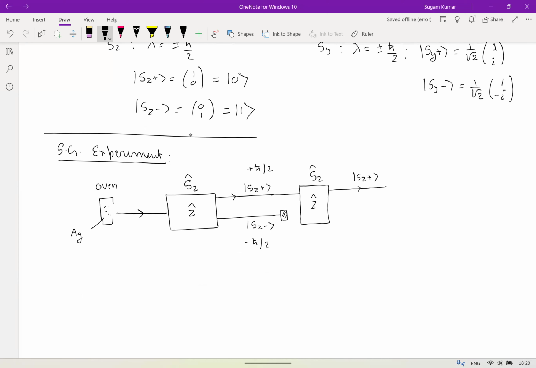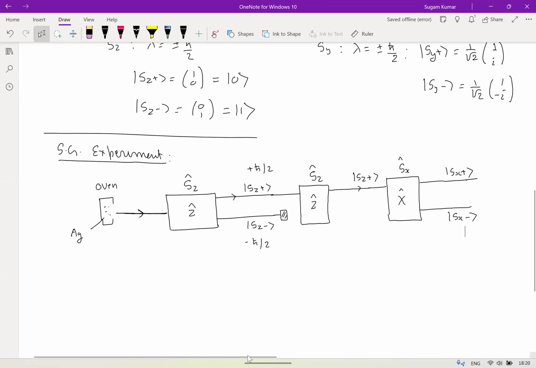The second component will not be present. Further, when you pass it to another SG experiment aligned along the x direction, meaning I'm going to measure Sx, you're going to get two beams: Sx plus and Sx negative.